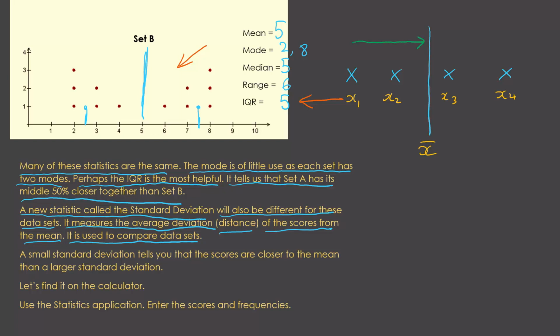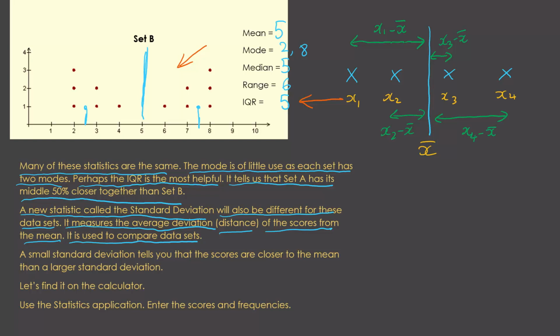This distance would be x1 minus x bar. This distance here would be x2 minus x bar. This distance here is x3 minus x bar. And this distance here is x4 minus x bar.